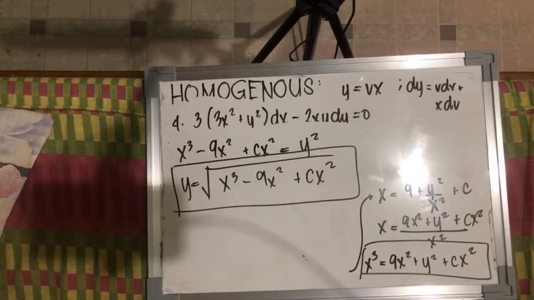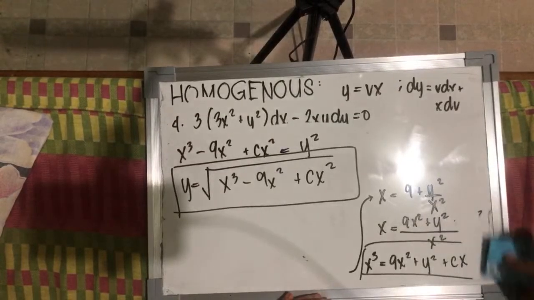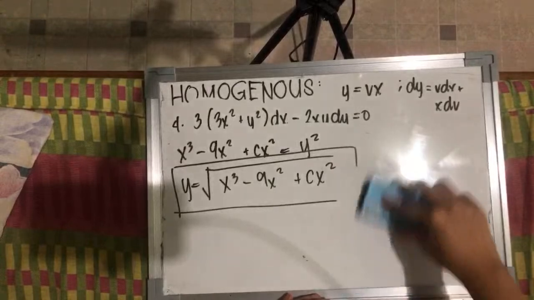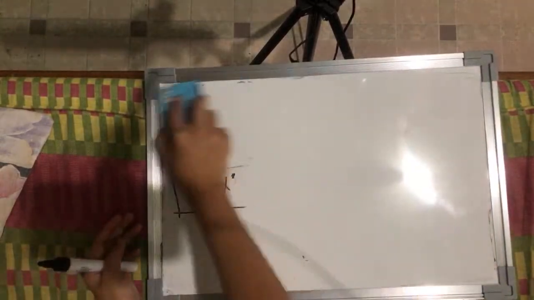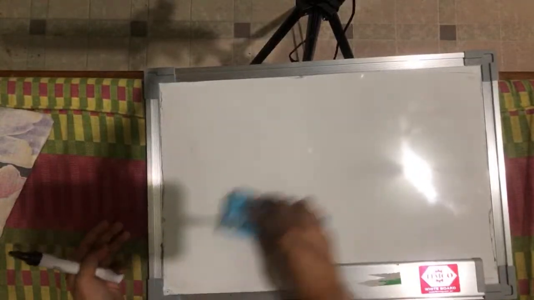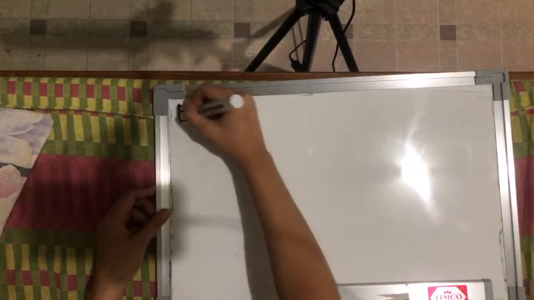So, tapos na tayo sa homogeneous. Proceed na tayo sa exact. So, kung hindi mo siya ma-solve through variable separable or through homogeneous, baka naman exact yung function mo. So, exact.